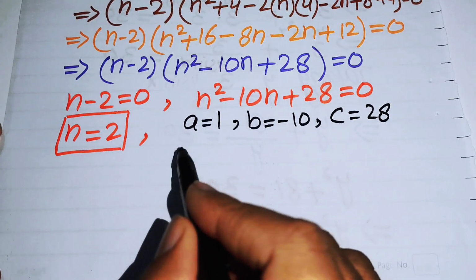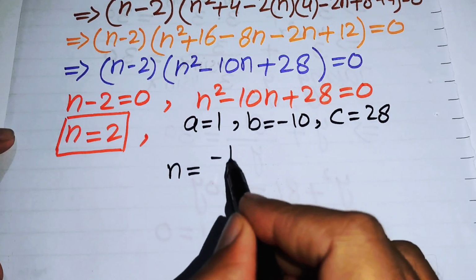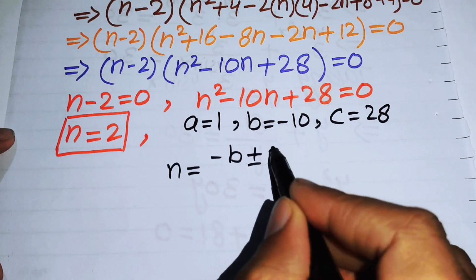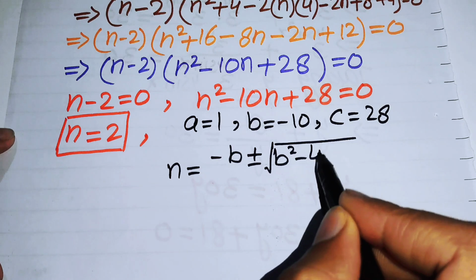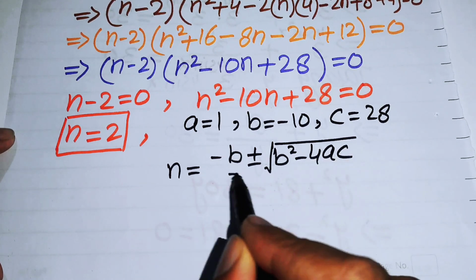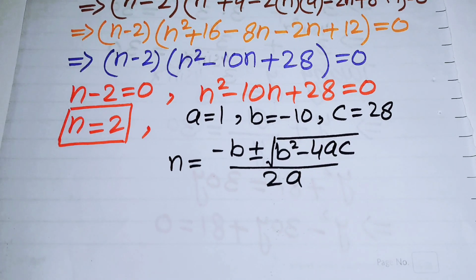And you know that our quadratic formula looks like this: n equals minus b plus or minus the square root of b squared minus 4ac, over 2a. So this is our quadratic formula.